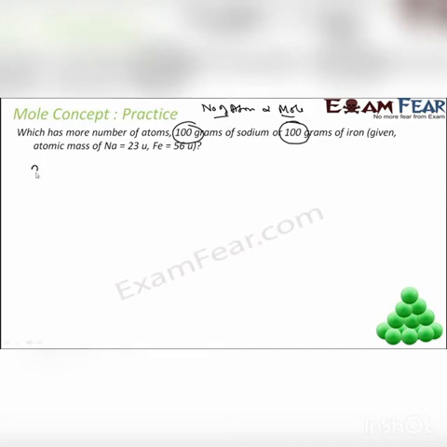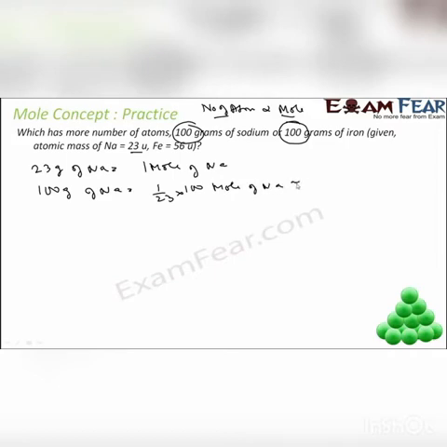So for sodium, 23 is the atomic mass, so 23 gram of sodium is 1 mole of sodium. So 100 gram of sodium is 1 by 23 into 100 mole of sodium, approximately 4 mole of sodium.